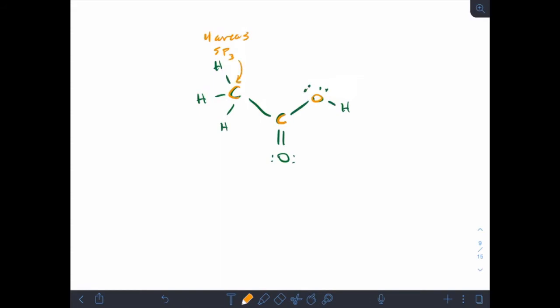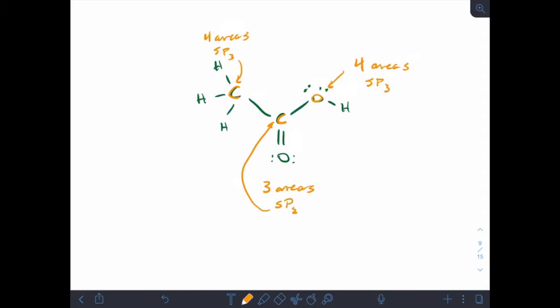Our carbon in the middle has 3 areas, so we call that sp2. Now our oxygen has 4 areas, sp3.